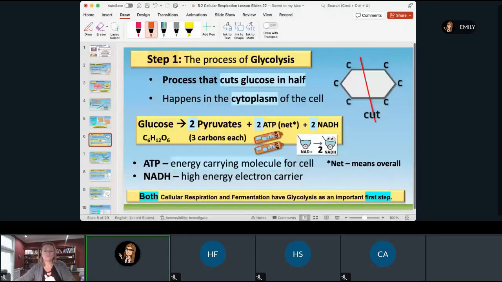So let's talk about step 1. Step 1, this process is going to happen no matter what plan we're doing. Glycolysis is the first step. Remember when we were talking about glucose the first time in unit 2, we broke down a lot of words and said what they mean.